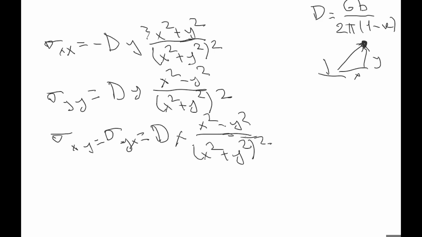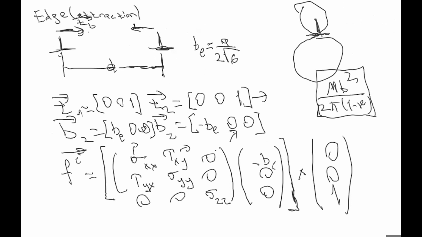So we have the stress field formula. You just need to put this stress field into this equation. Then you will come up with, let's deal with here first. What we're going to come up with, let me just check.